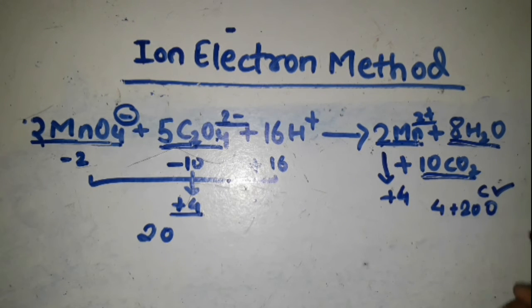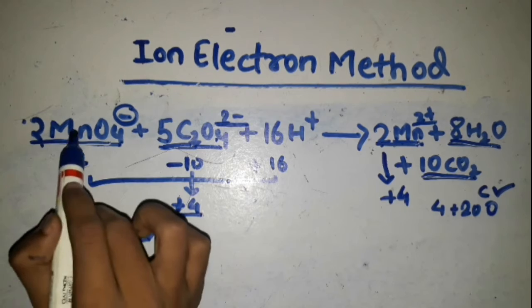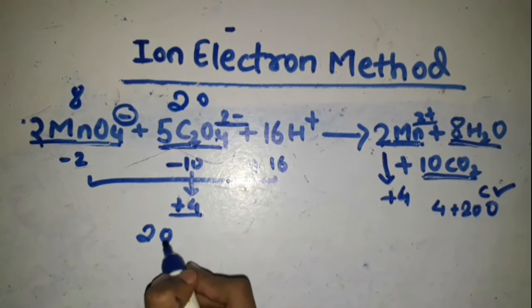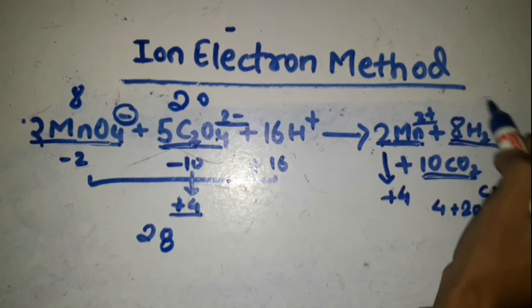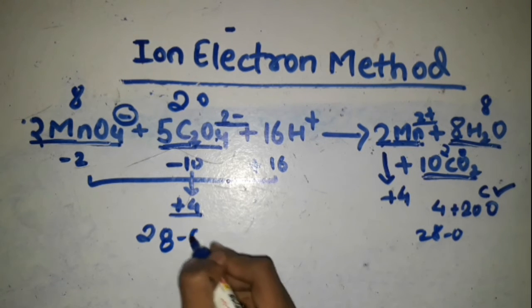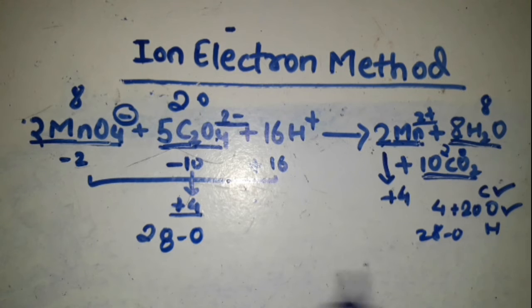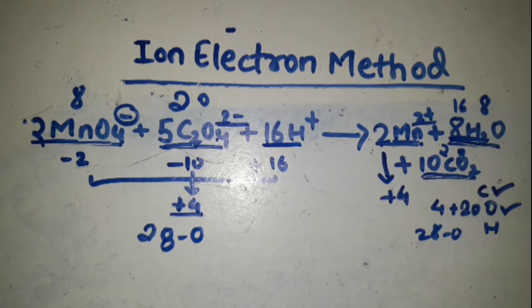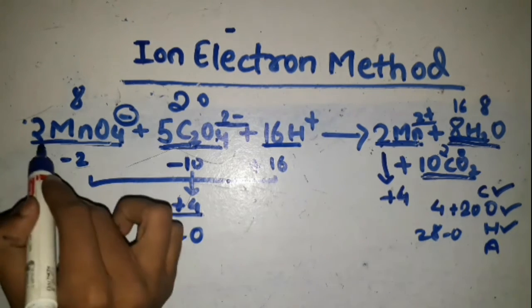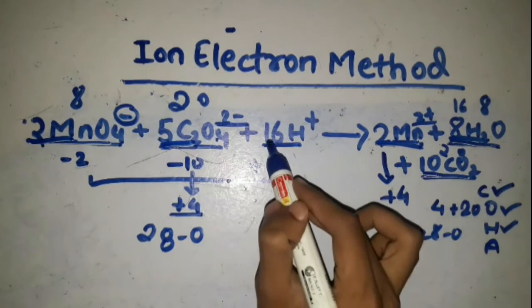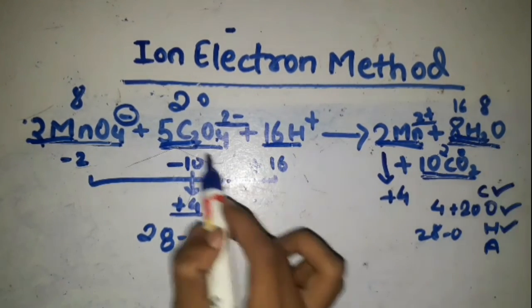Now we will see oxygen. Here we have 8 oxygen and here we have 20 oxygen, so that is 28 oxygen. Here we have 8 oxygen and 20 oxygen, so we have 28 oxygen. So oxygen is also balanced. Now we will see hydrogen. Here we have 16 hydrogen, here we have 16 hydrogen, so hydrogen is also balanced. Now we will see atoms. 2 manganese atoms, 2 manganese atoms, 10 carbon atoms, 10 carbon atoms, 16 hydrogen atoms, 16 hydrogen atoms.